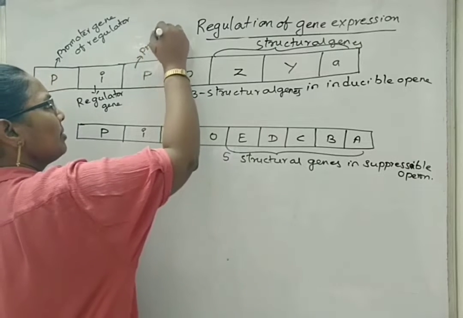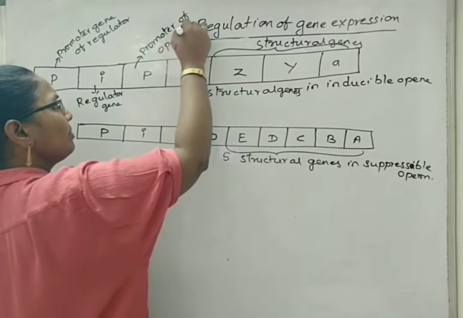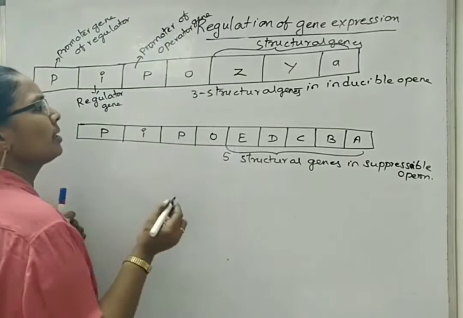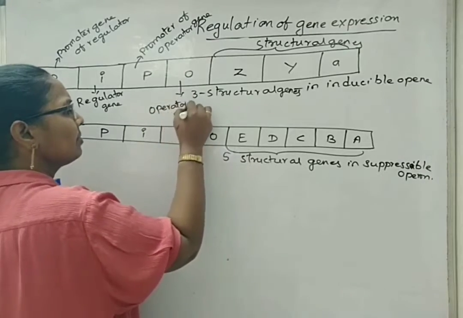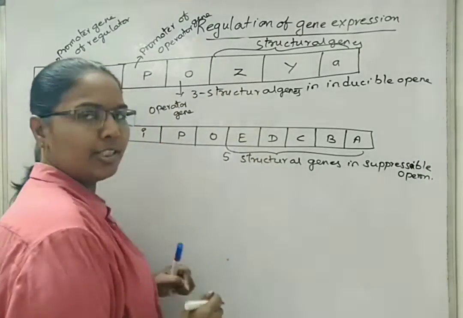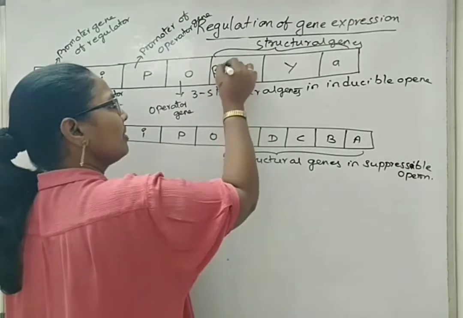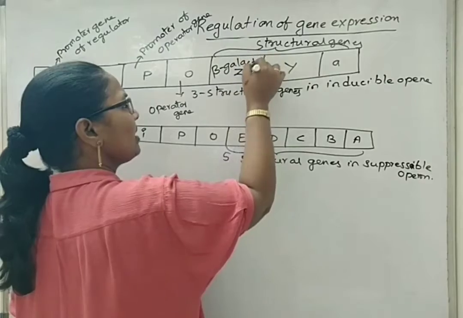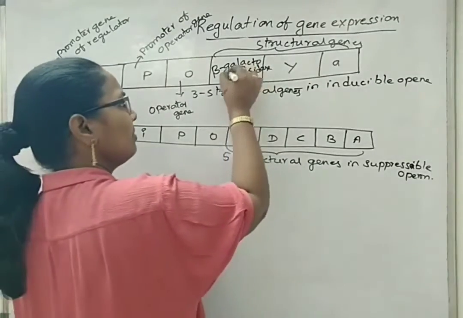So this is the promoter of the operator gene. This is the operator gene. This is the Z gene that codes for beta galactosidase enzyme.